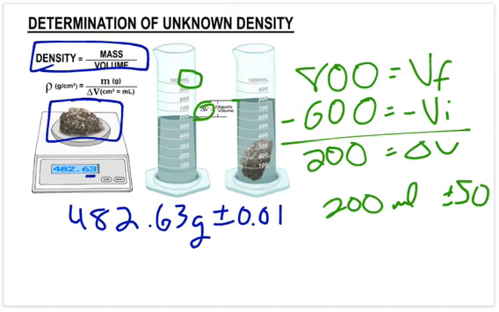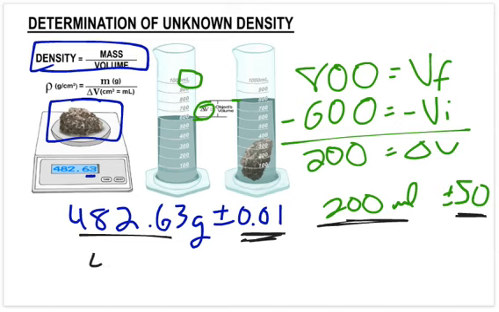So anyway, we have our mass, which is a very accurate number with a very tiny error, and we have our volume, which is a not so accurate number with a huge error. So these are kind of goofy tools to use together, because you're using something really accurate and something not very accurate. But anyway, we can solve for the density.